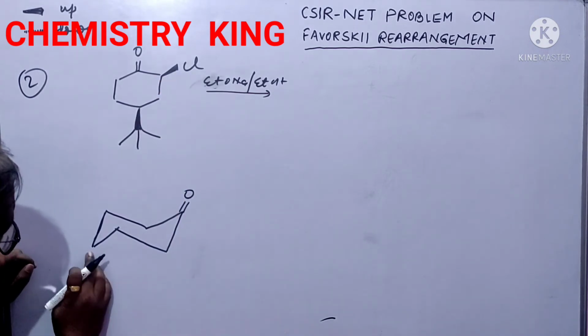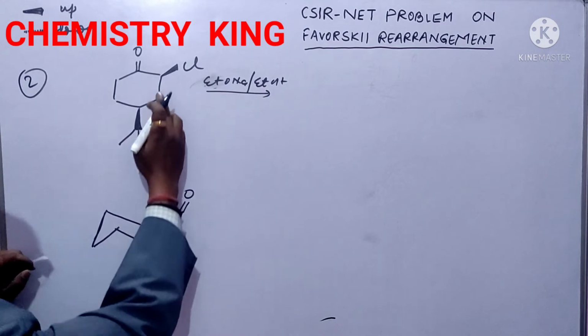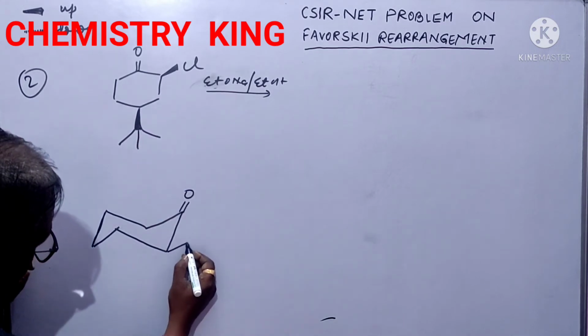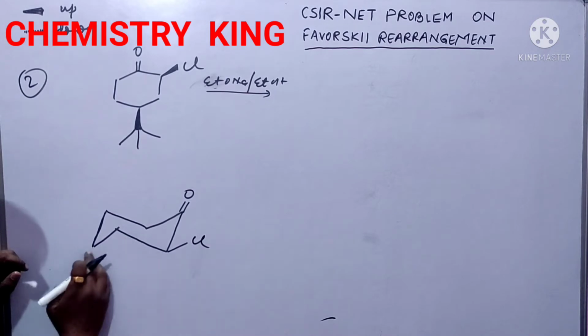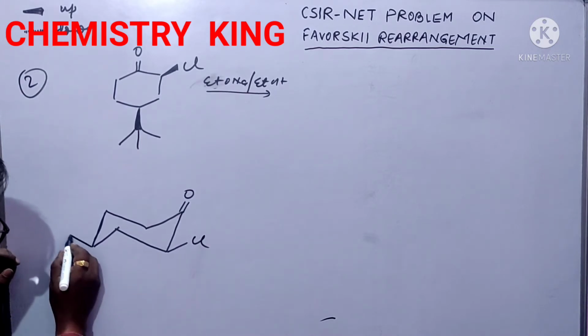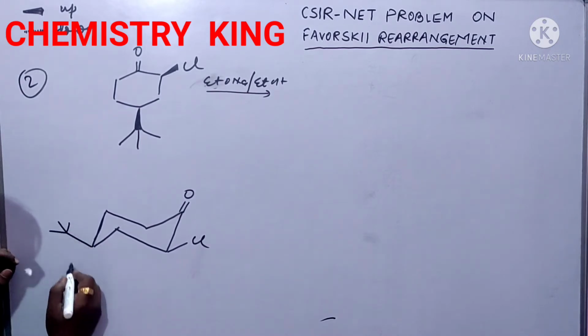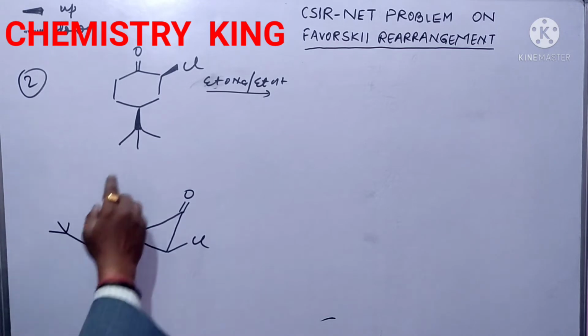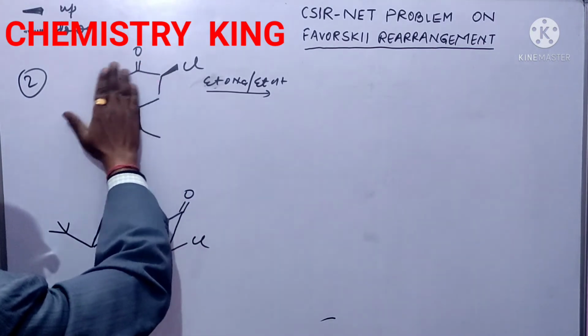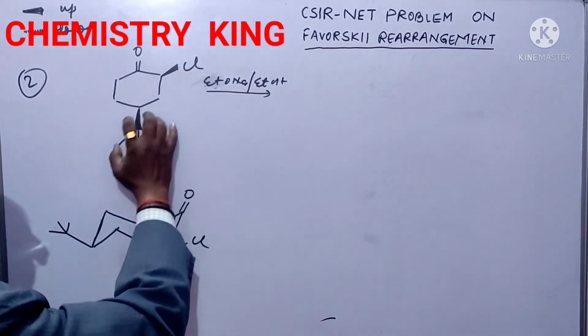It is 1, it is 3. Suppose chlorine is up and it is down, and 1, 2, 3, it is up and it is down. Okay, and actually you should test that if it is planar and these two groups are on the upside, then it will be cis.